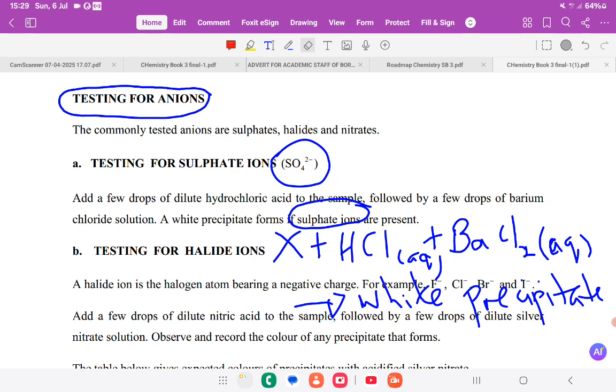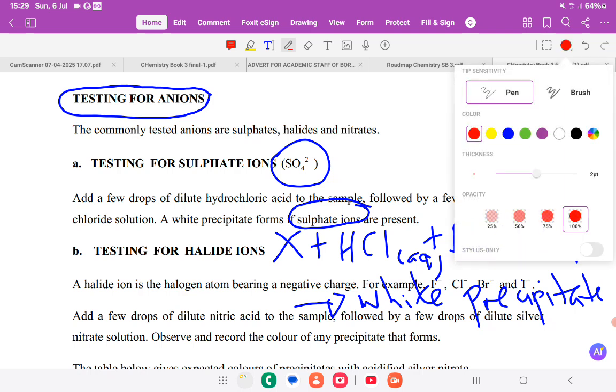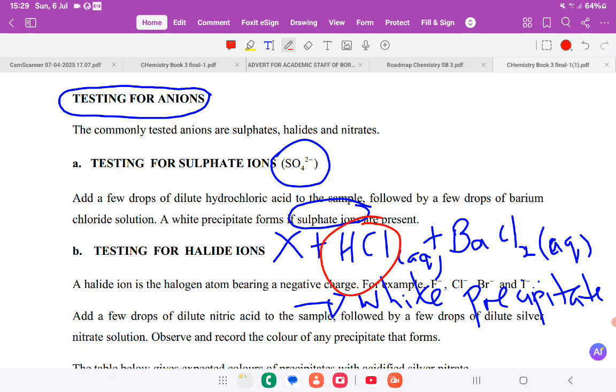So we are saying that in order to tell that sulfate ions are present in a solution, you add hydrochloric acid to the solution you suspect to contain sulfate ions, followed by a few drops of barium chloride, and if the sulfate ions are present, you are going to see the formation of a white precipitate.